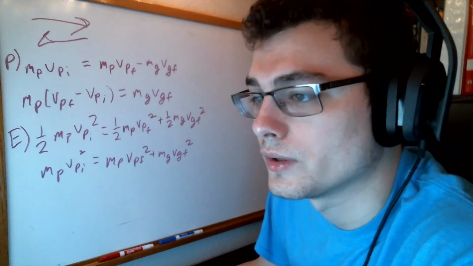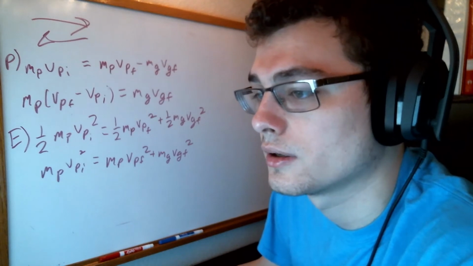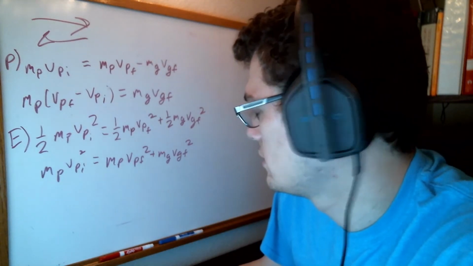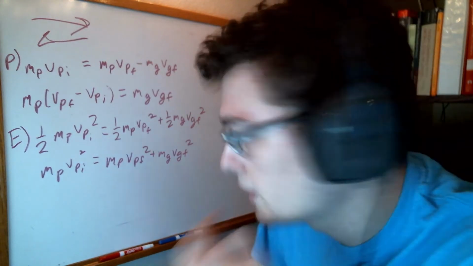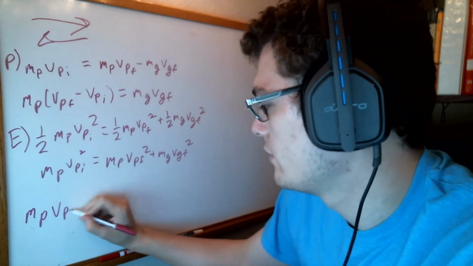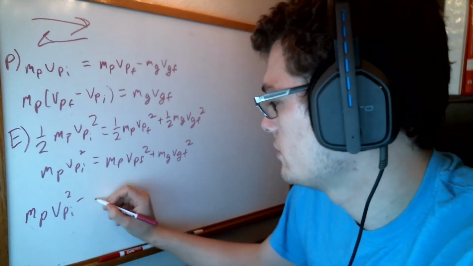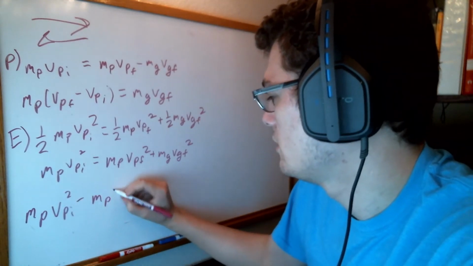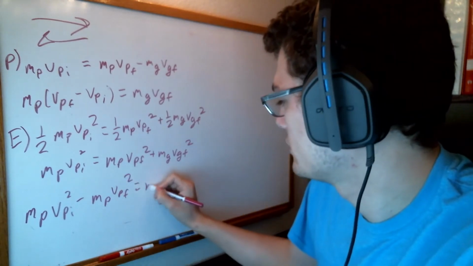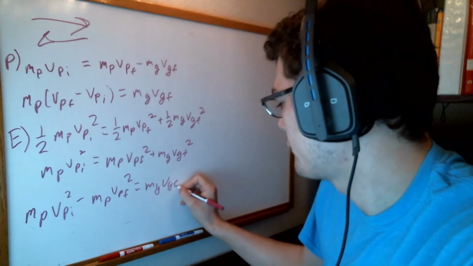Okay, so in order to do that, we're going to get all the pucks on one side. So we're going to have some negatives here. This is going to be MP VPI initial squared minus MP VPF final squared is equal to MG VGF squared.